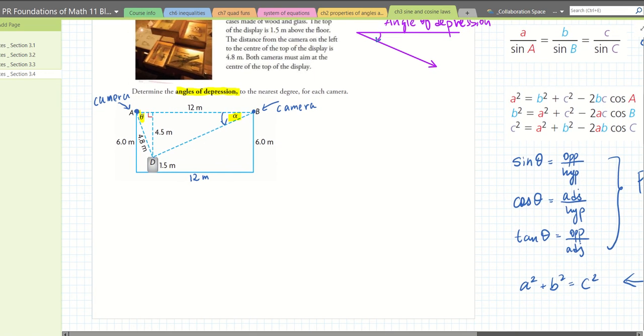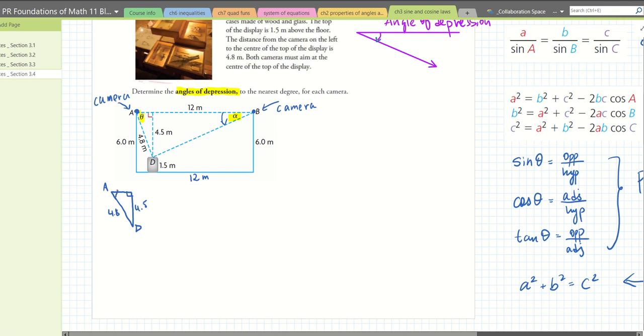So if you resketch this down here, here's what we have. We have a right angle triangle. This is D. This point is not labeled. This is A here. This is 4.8. And this is 4.5. The reason this is 4.5 is because the display case is 1.5 meters and the cameras are 6 meters above the floor. So 6 minus 1.5 is 4.5. That's where that 4.5 comes from.